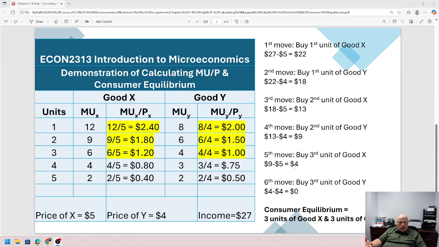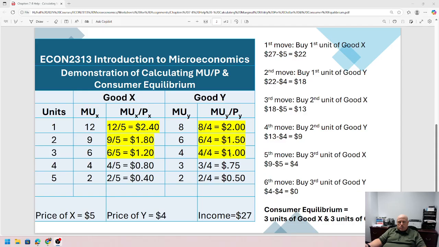Again, all you do is look at the marginal utility per dollar. The next highest one is the third unit of good Y. It has a value of $1, whereas the fourth unit of good X only has a value of 80 cents. So we buy that third unit of good Y, which costs $4, and after we purchase it we have no money left, because we started out with $4 after the fifth move.